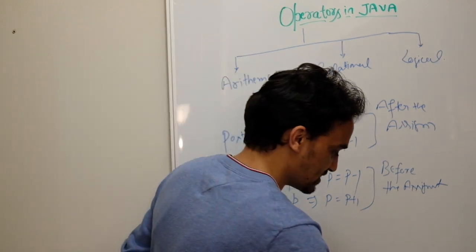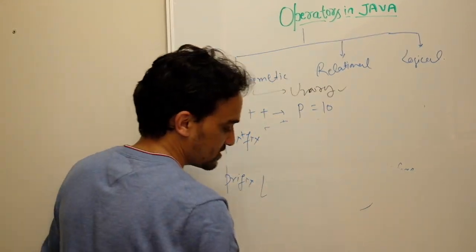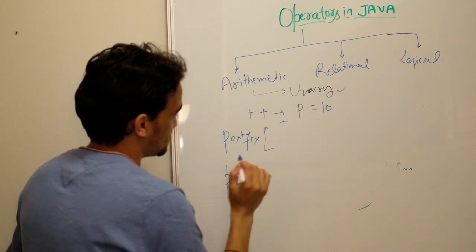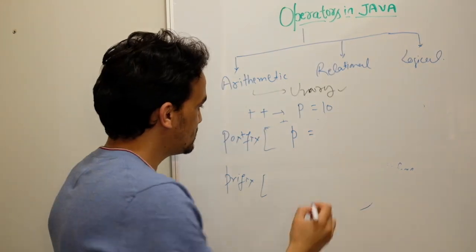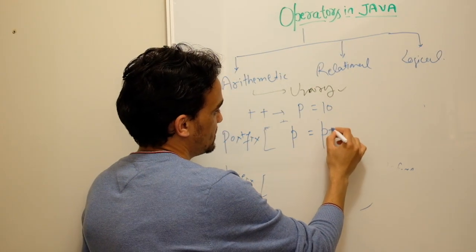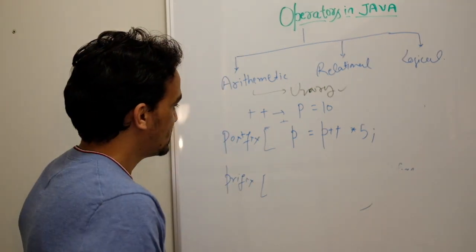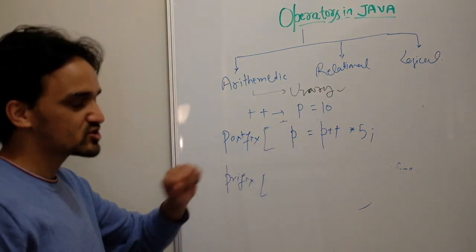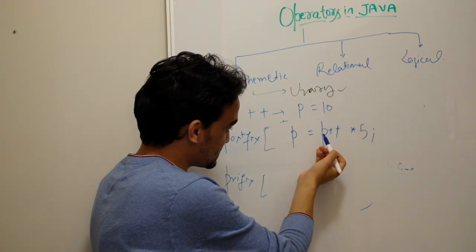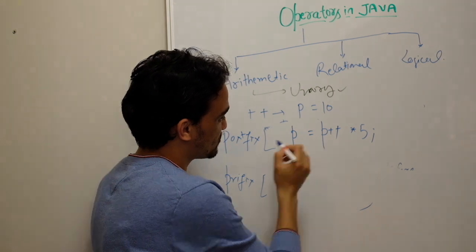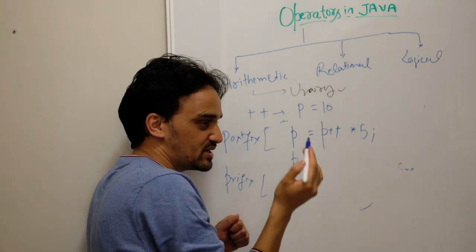So let's take an example quickly, in case of prefix and postfix. Postfix first: I have an expression p equals p plus plus into 5, and the value of p equals 10. So let's solve it. p plus plus is nothing but p equals p plus 1.